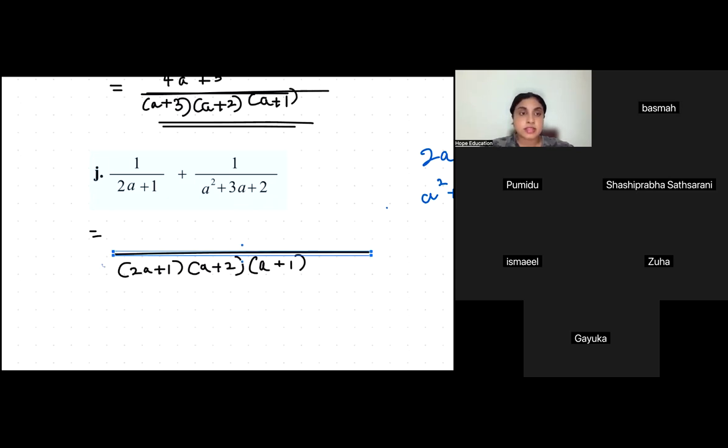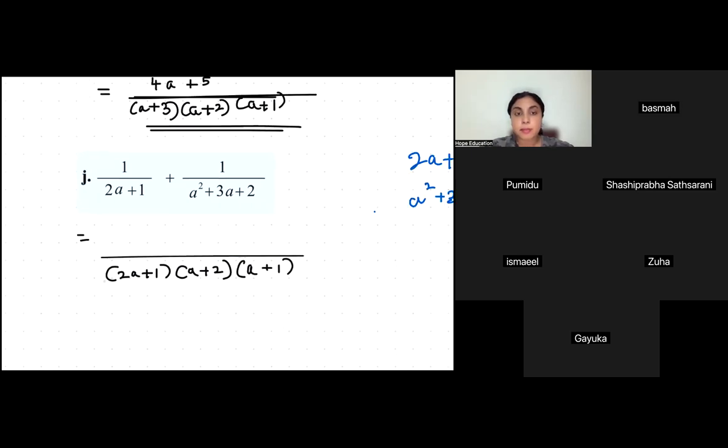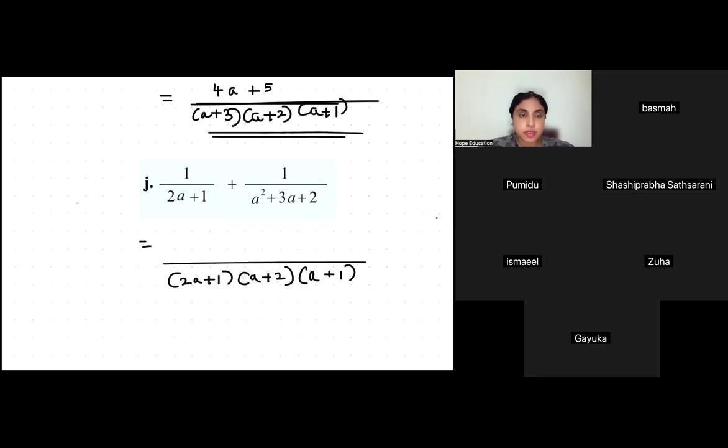Now, 2a plus 1 is already here, but a plus 2 and a plus 1 are not. So I have to multiply this one by a plus 2 and a plus 1 both.